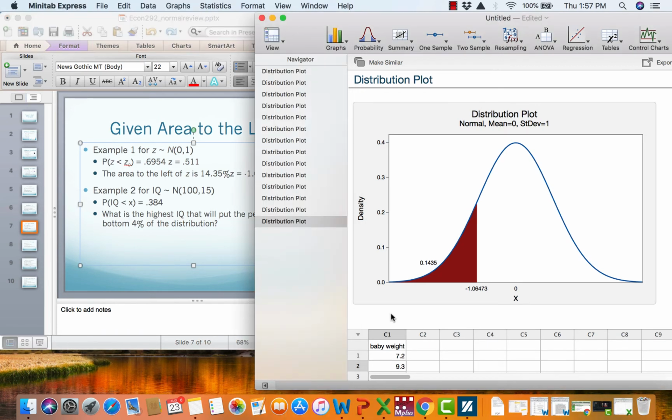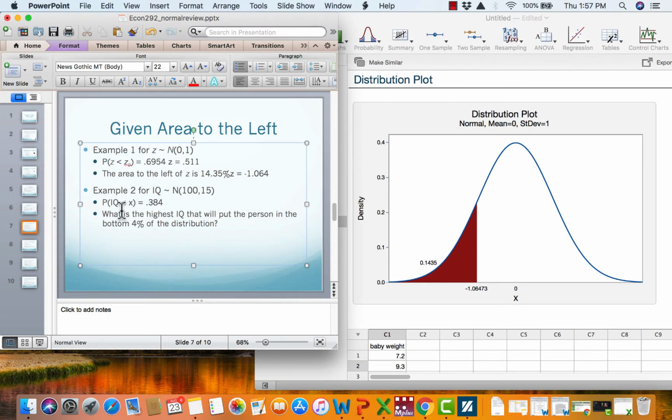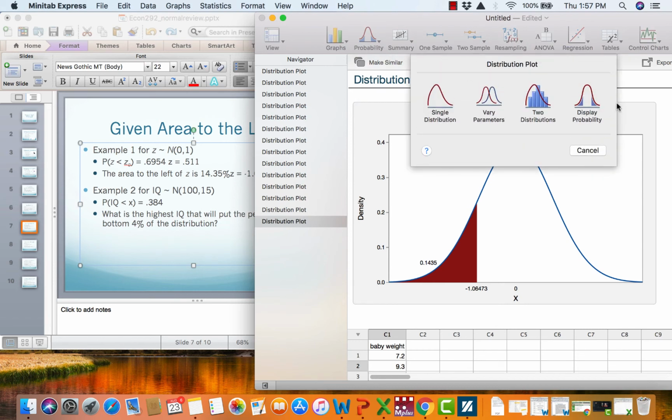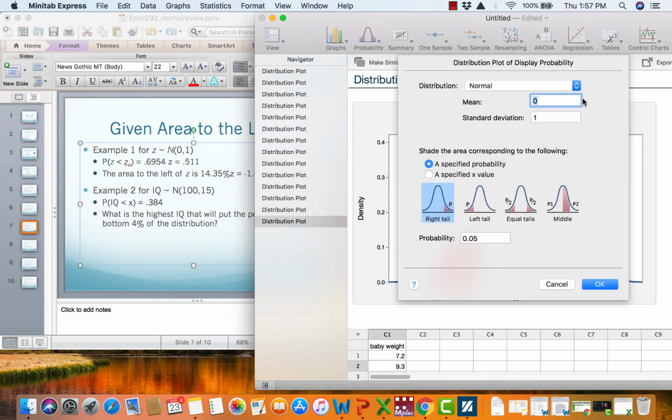All right, let's switch over to IQ scores. So we want, given the probability that the IQ is less than some IQ, 38.4%. So we go into probability, distribution plot, display probability. Now we have a mean of 100, a standard deviation of 15.